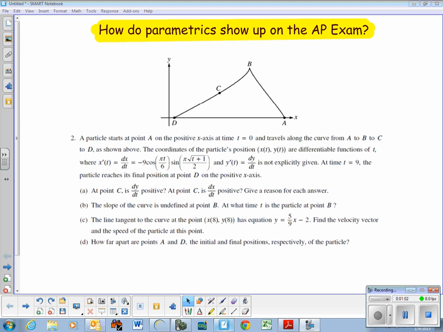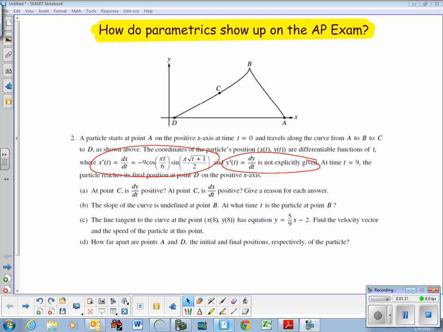We have two equations, an x of t and a y of t. So you could get any side-to-side location or any up and down location at time t. What they actually gave us was the x velocity, which is x prime of t or dx dt. And as they often do, again, they told us y prime is not explicitly given. So we do not have an equation for y prime, which just means we're not going to need it.